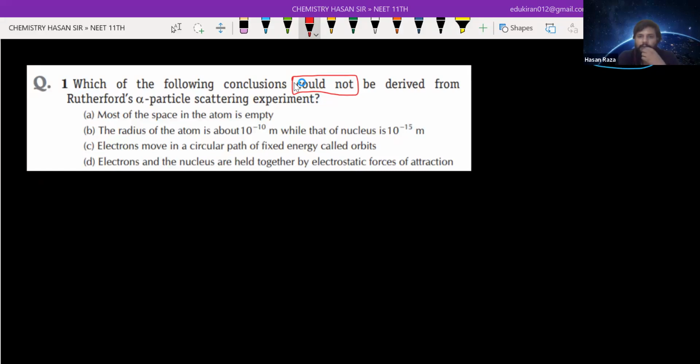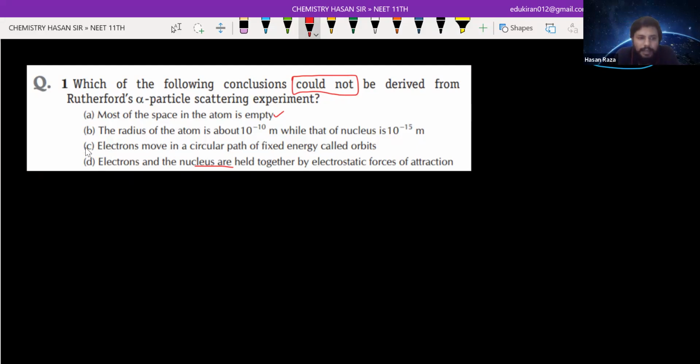Very good, Khudeja. So this is a correct statement. That means it's derived from the alpha particle scattering experiment. The radius of atom is this much, while that of nucleus is 10 raised to the power minus 15. That is also correct. Very good, Siddhika. Rishita, electrons and the nucleus are held together by electrostatic force of attraction because in nucleus proton is there, positive charge, and in orbit electron is there, which is negatively charged.